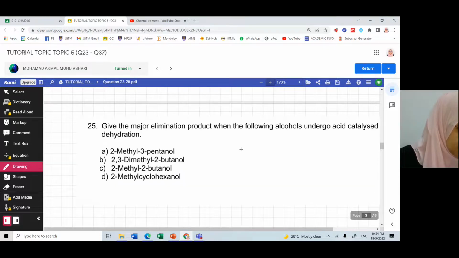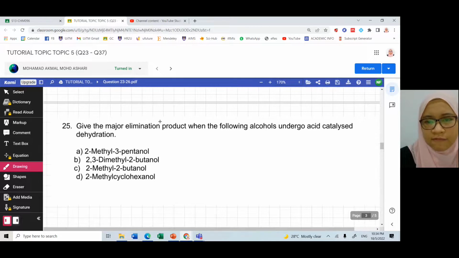Okay, question 25. Give the major elimination product when the following alcohol undergoes acid catalyzed dehydration. That means the removal of water, so this reaction will produce an alkene as the product. It requires acid to catalyze this dehydration reaction.